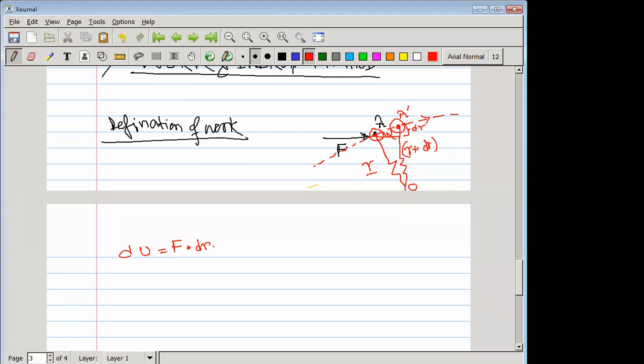So the dot product of dr and the applied force is called work done.